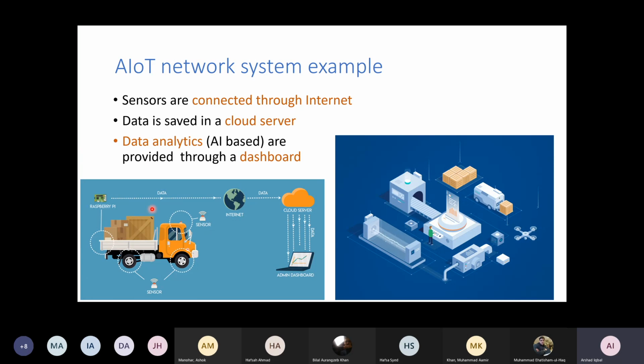For example, there is a sensor on a truck which contains a Raspberry Pi and generates data, which is shared to a cloud server through the internet, analyzed, and shown on an admin dashboard. In this example, data is generated through drones and various sensors, and a user can see the analytics on the screen in the factory.